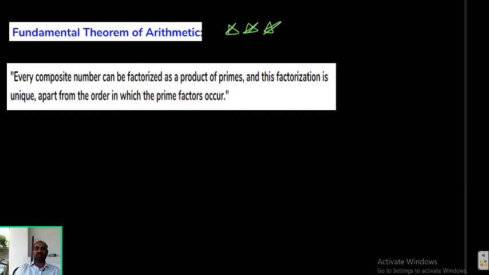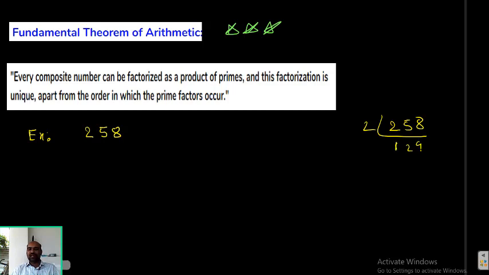One more example I will take now. 258 is given. I want to write it as a product of prime numbers. 258: 2 1s are 2, 2 2s are 4, 2 9s are 18.